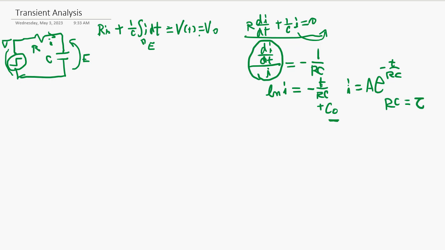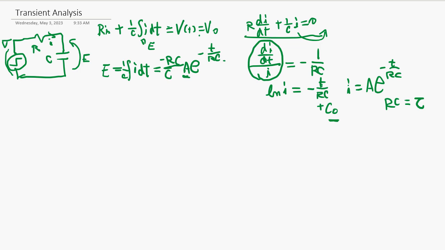Using this I, E equals 1 over C integral of I dt, which gives minus RC times A e to the minus t over RC. And this A is the initial condition.